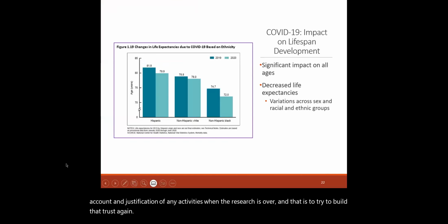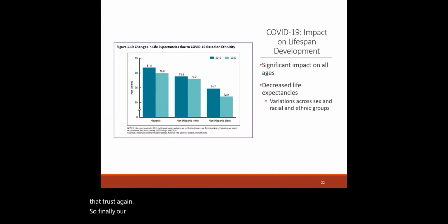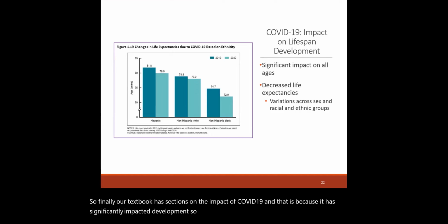So finally, our textbook has sections on the impact of COVID-19, and that is because it has significantly impacted development. So each chapter will address some of the impacts COVID has had on the age group.